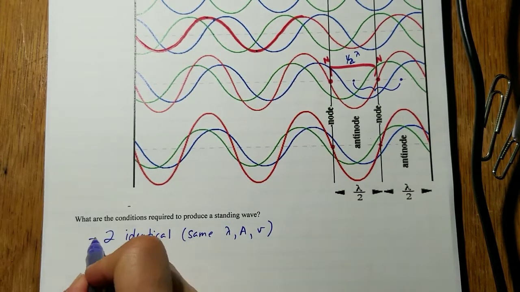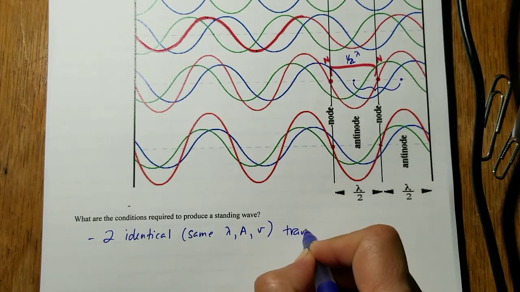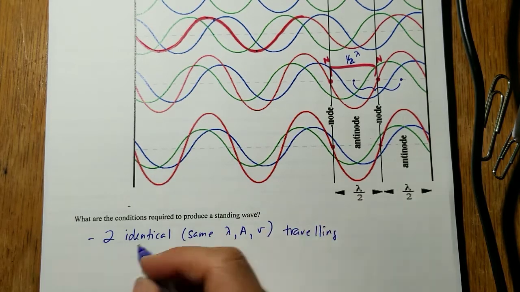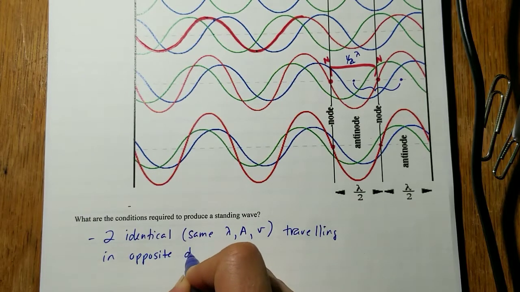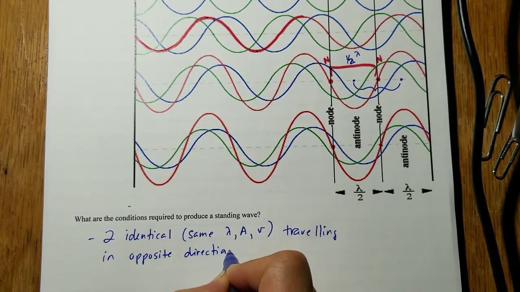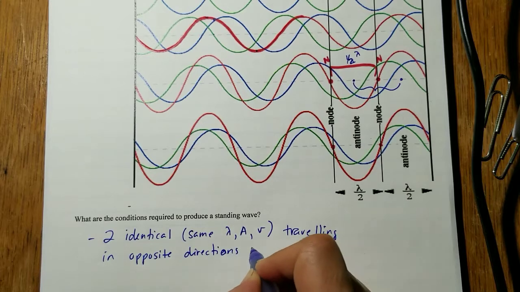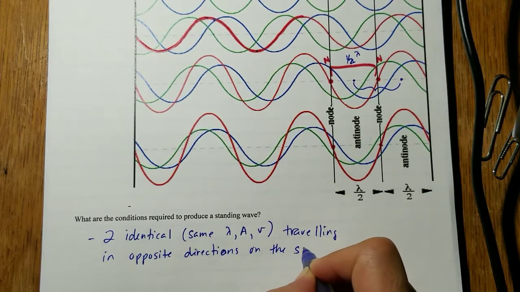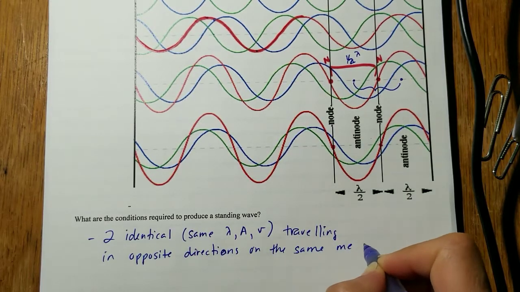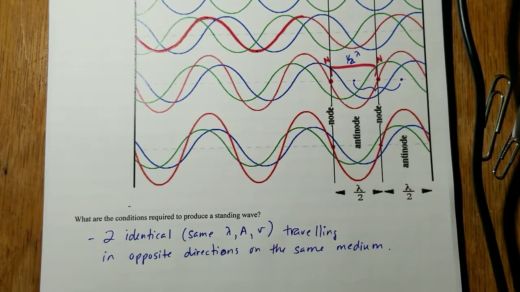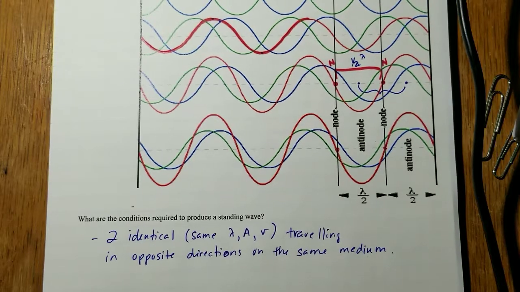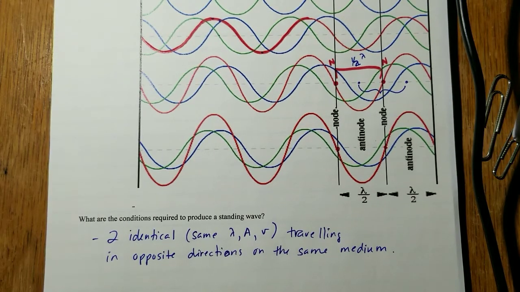So two identical waves traveling in opposite directions on the same medium, because they need to be interacting with each other. And that medium could be a string, could be a spring, it could be whatever you say it is.